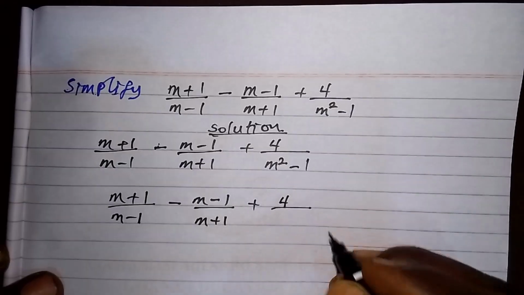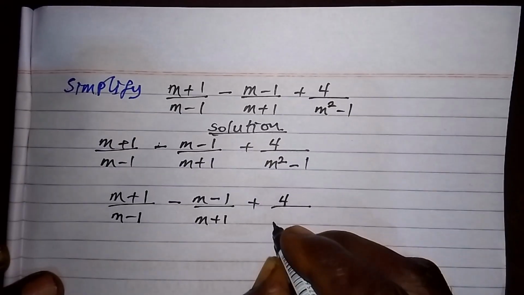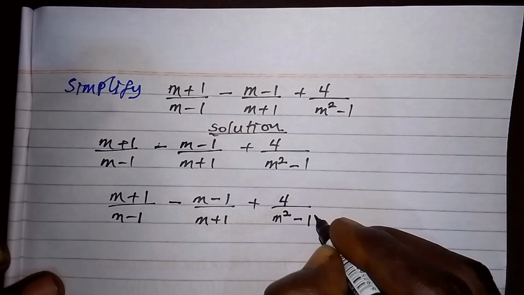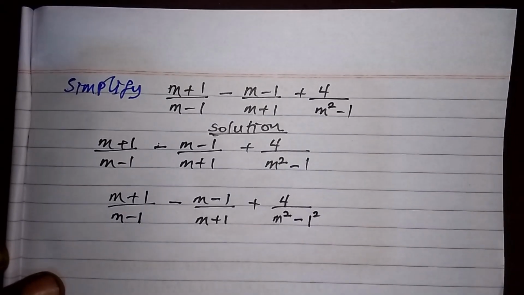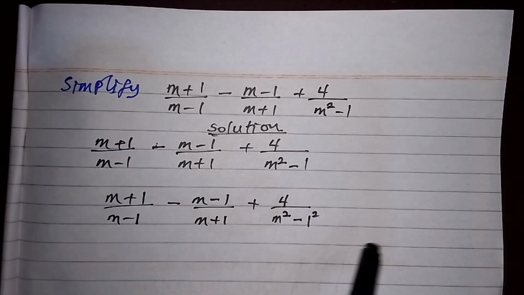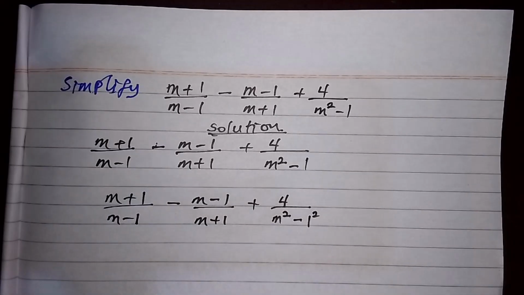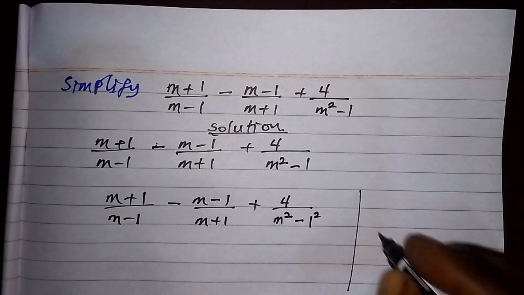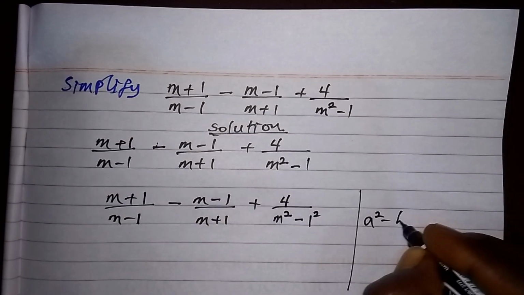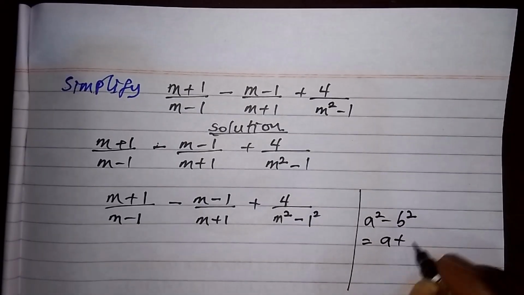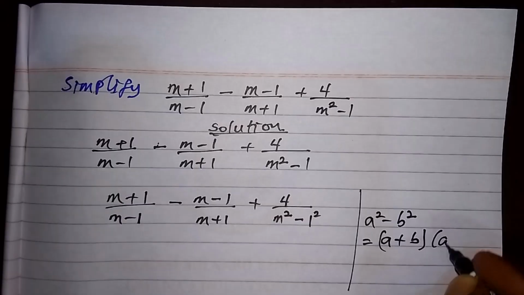So let's pay attention here. m squared and 1 is the same as 1 squared, because 1 squared will still give us 1. We are trying to rewrite this in the form of a difference of two squares. How do we write a difference of two squares? For instance, a squared minus b squared is written as (a plus b)(a minus b).